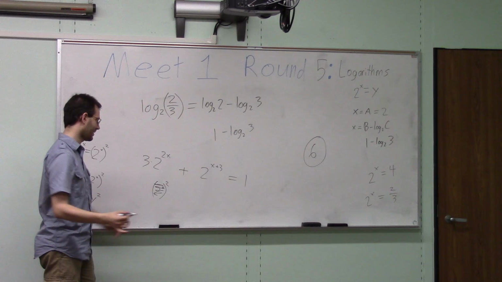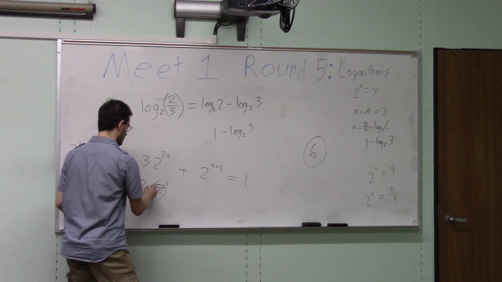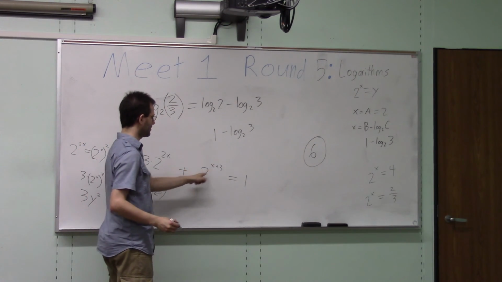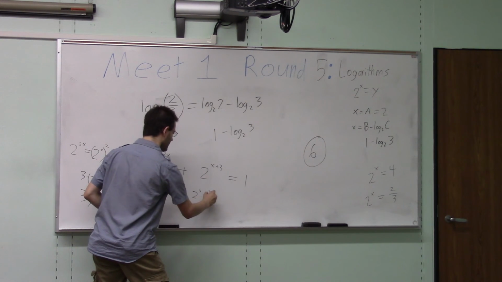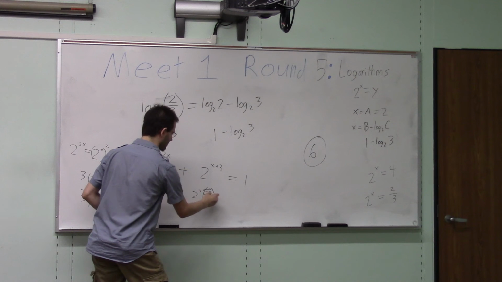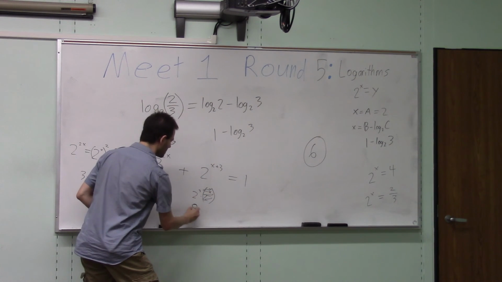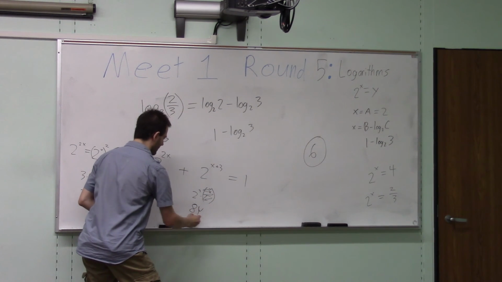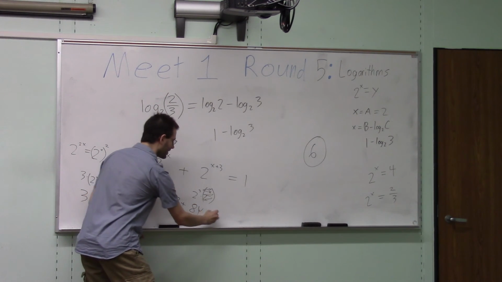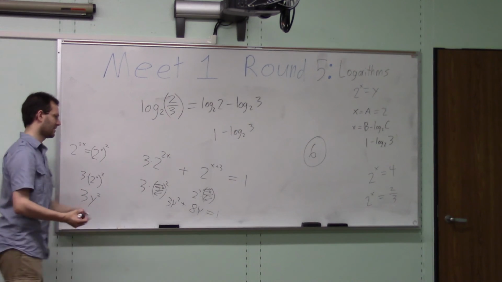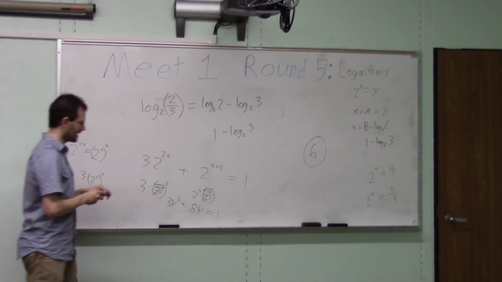I called it y, but whatever. And then realizing that over here, you can split 2 to the third off from 2 to the x, and that becomes 8 times y, plus 3y squared, and then, oh look, I've got a quadratic equation I can solve. So this is the sort of nonsense they pull on us.